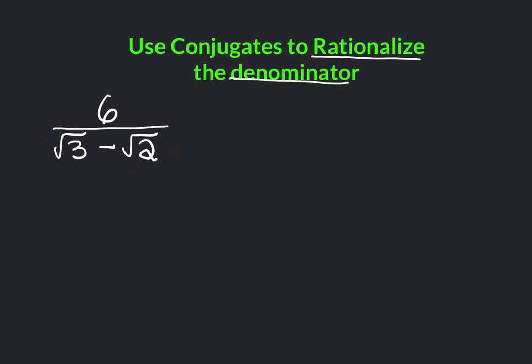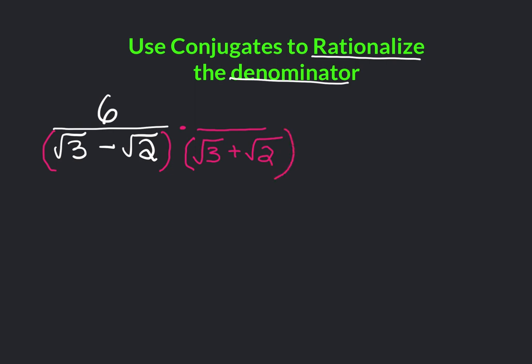So let's look here. We can multiply by, I'm going to put this in parentheses. The conjugate of the denominator is going to look just like the denominator, but it's going to be plus. So square root of 3 plus square root of 2.